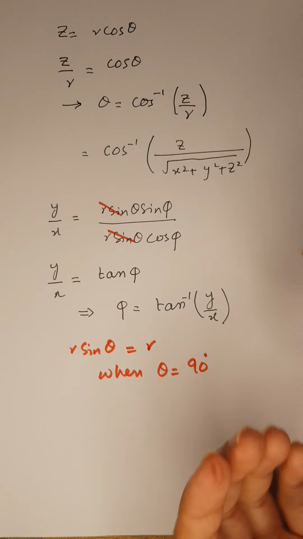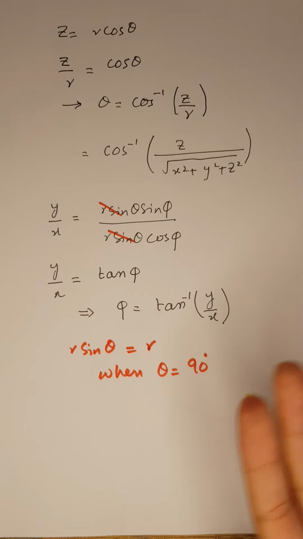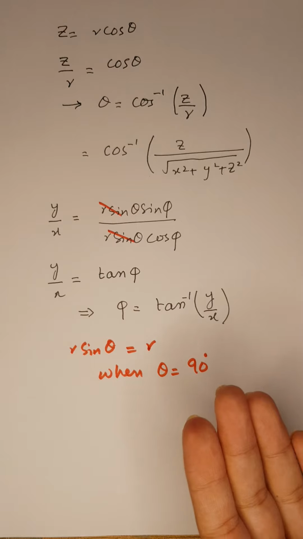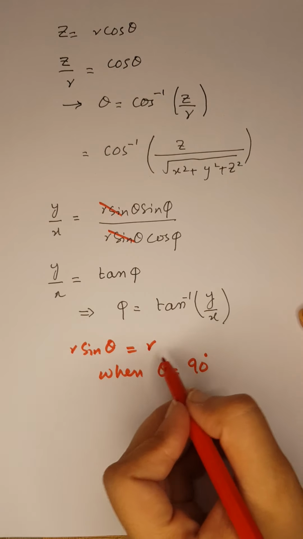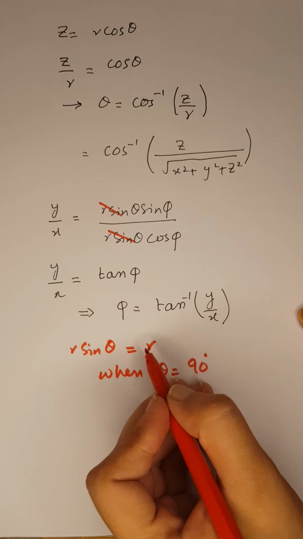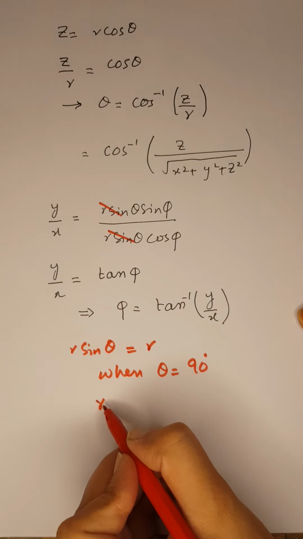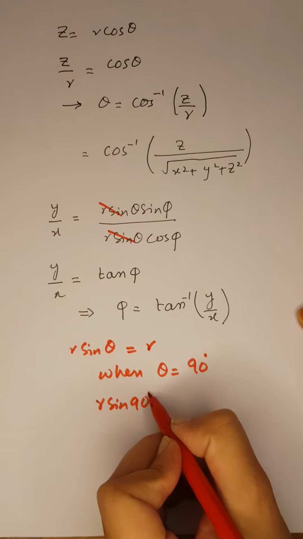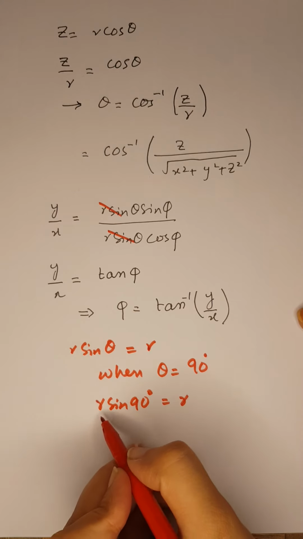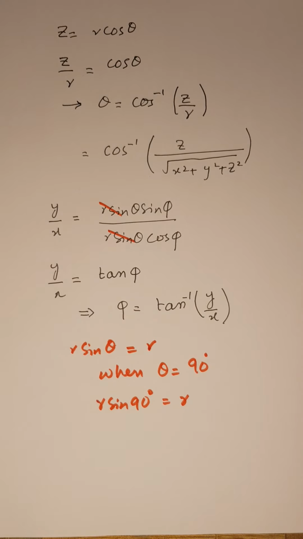In other words, if you cut the sphere into half, a hemisphere, you will get the radial component and its projection both equivalent, since r sine 90 degrees is equal to r. Okay, so the hemisphere surface will have the radial component equal to the actual radius of the sphere.